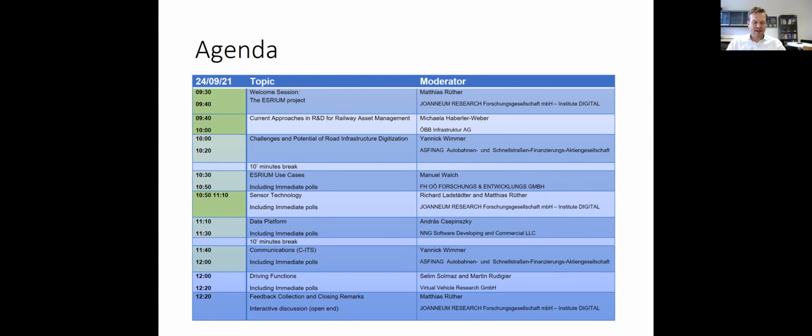So thank you again, Yannick. And thereby now, having learned about the data available and how to communicate it, our closing session deals with the aspect of how to use such information actually in the vehicle. This part here is covered by the Virtual Vehicle Research Center, represented by Selim Solmaz and Martin Rudiger.